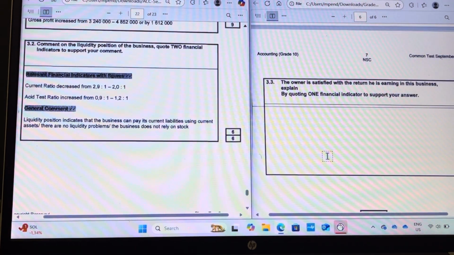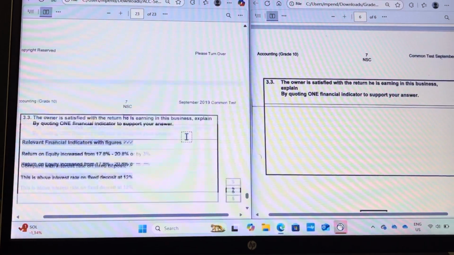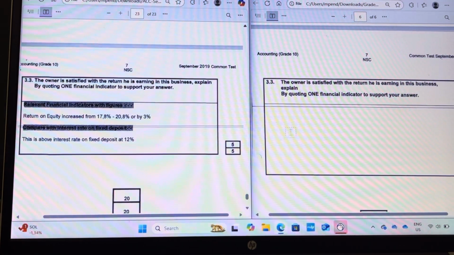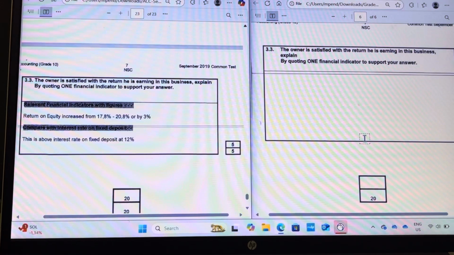And the last one says, the owner is satisfied with the return he's earning in his business. Explain by quoting 1 financial indicator. Return on his business. We had already calculated a return on that, return on the average owner's equity.